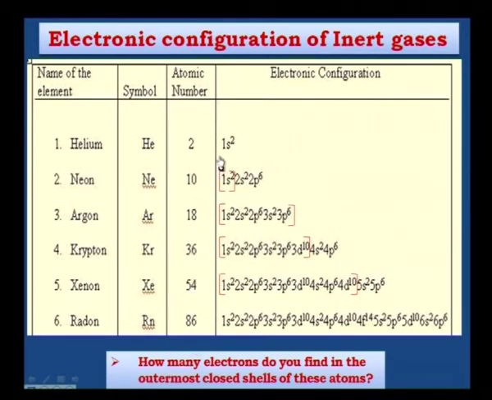Their electronic configurations are given here, 1s2. For neon you have 1s2, 2s2, 2p6. For argon, the electronic configuration will be 1s2, 2s2, 2p6, then 3s2, 3p6. Then you have the others, krypton, xenon and radon. Let me ask you a question from the table that you see here.